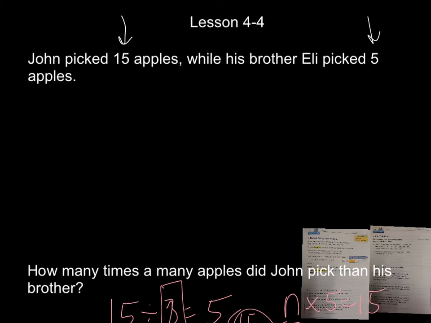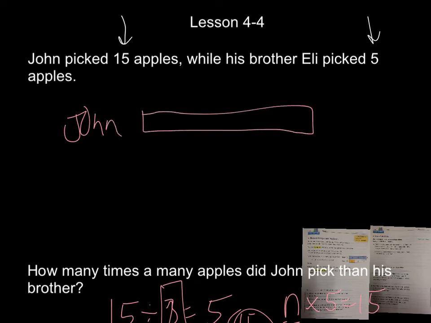So let's do this a little bit different. John says he picked 3 times as many apples. He picked 3 times as many apples as his brother. So we know that he had 3 times Eli, because we found that the other factor was 3.